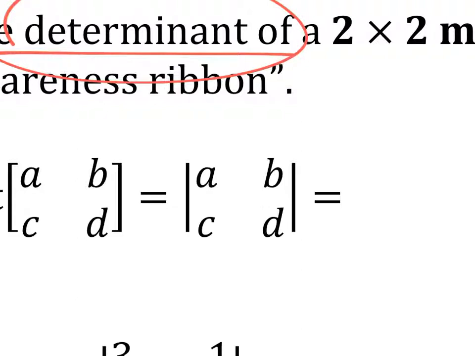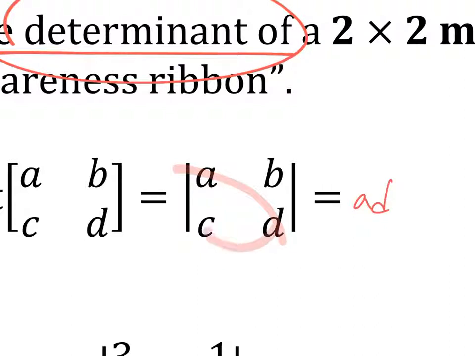So we're going to start from A, and then we're going to draw a line down to D. And then we're going to loop around to C, and then go up to B. So it's like an upside down ribbon. Okay, start from A, goes down to D, go around to C, and then back to B. The way we actually do this mathematically is AD comes first, so A times D is what you're going to do first.